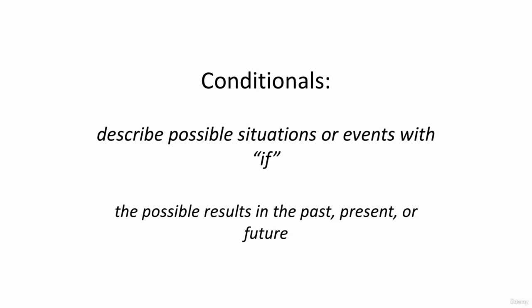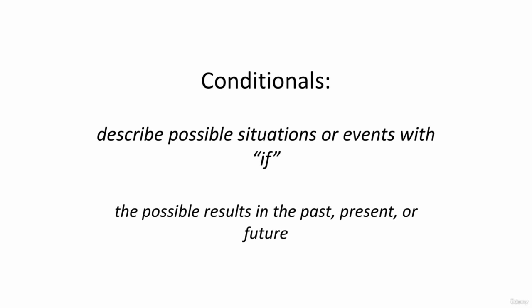Today, we will be reviewing the zero conditional, the topic of our last lesson, then move on to the first conditional. A quick refresher on conditional tenses. We use the conjunction if in conditional sentences to describe possible situations or events.